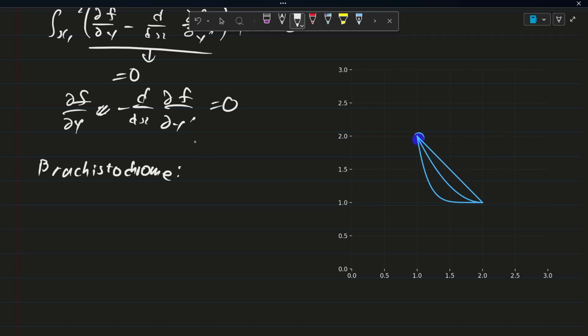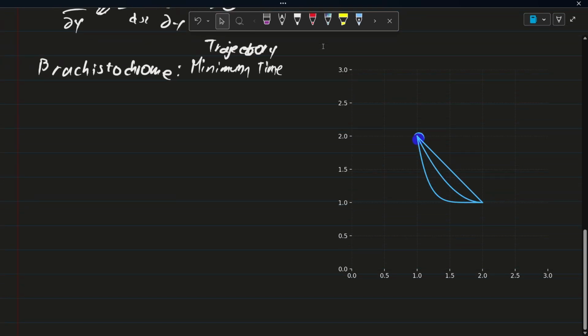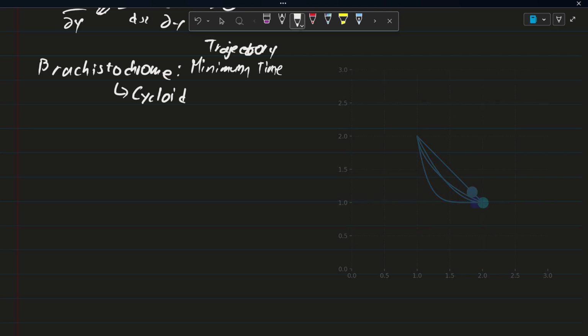This is the minimum time problem. You want to find a trajectory that has the minimum time. One example is the simulation that I've shown before, where the solution turns out to be a cycloid. If you want a fuller derivation, you can check the shorts shown here.